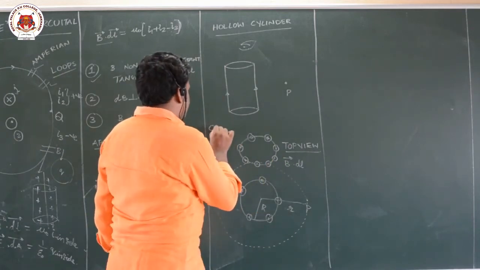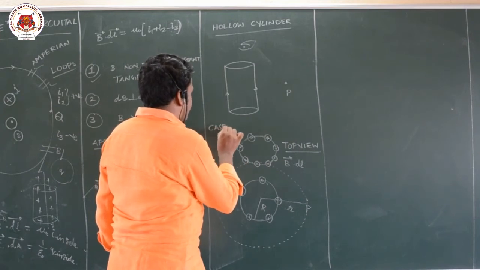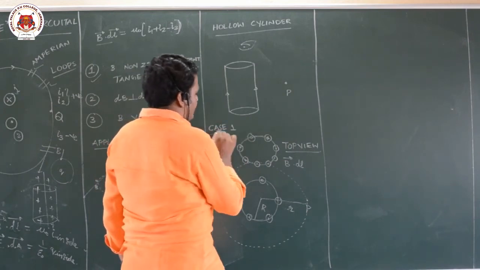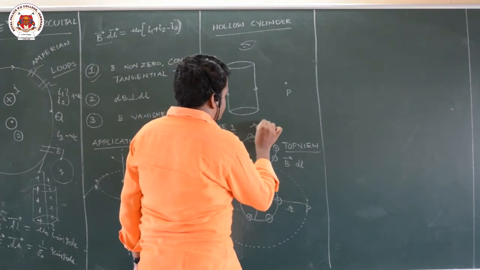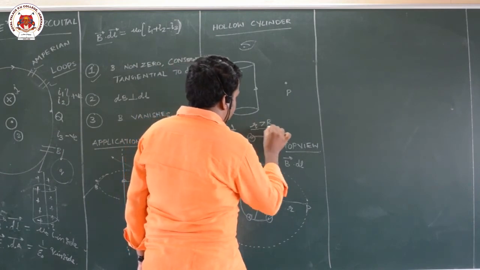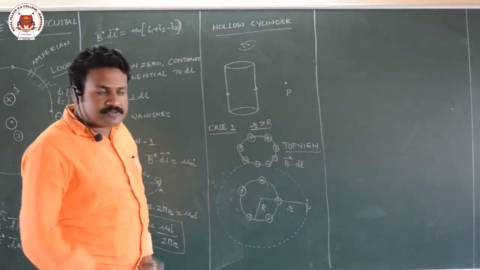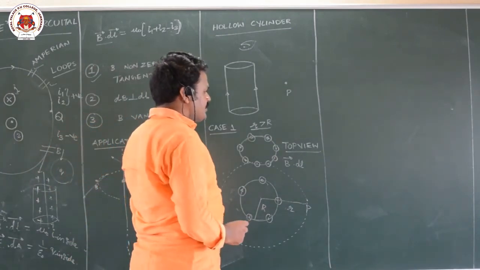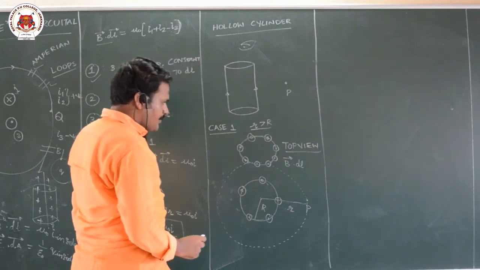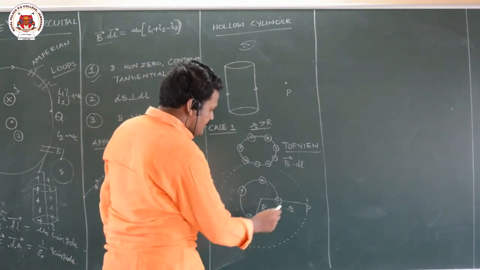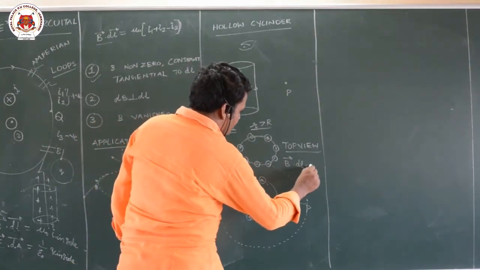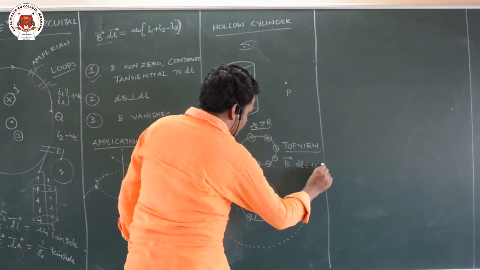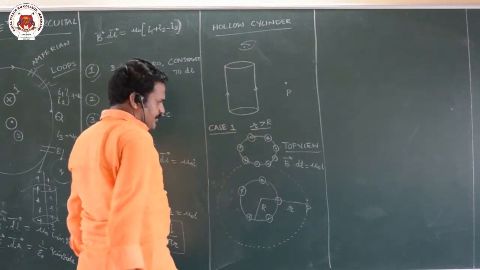Take this as case 1, where small r is greater than capital R. That means the point is outside the cylinder. Now, B dot dl equals mu naught I, where I is I inside.